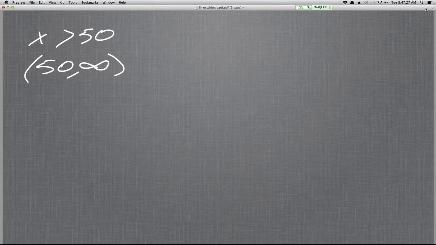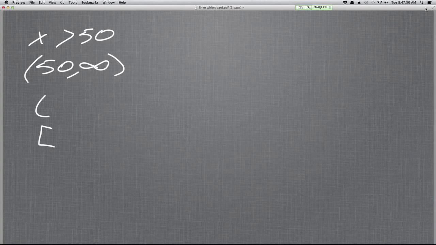Okay? Now, when we use interval notation, sometimes we use a parenthesis like we did here, sometimes we use a bracket. Can anybody figure out when we want to use a parenthesis and when we want to use a bracket? When it equals a number, we want to use what?